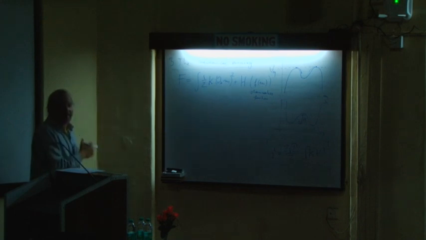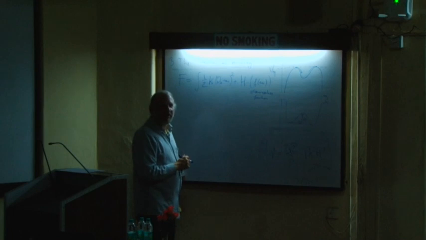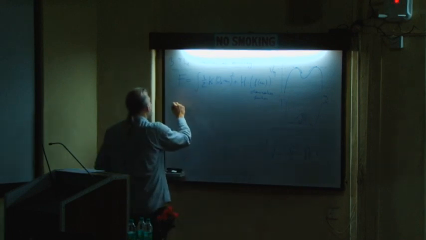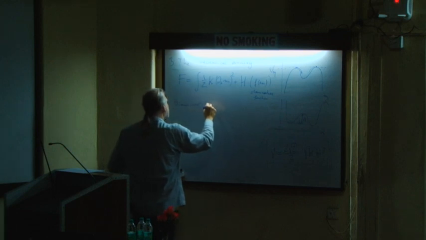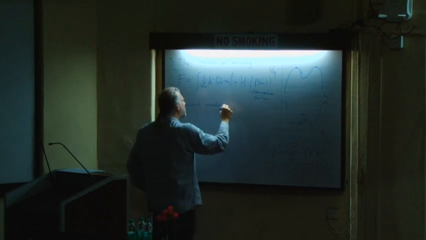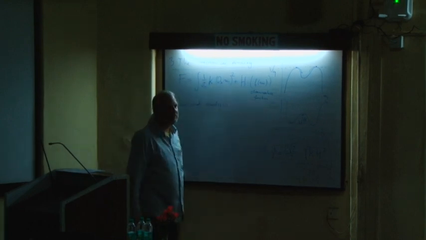Now there is a very physicist way of going about these things, which is called a dimensional analysis. You see here you have a functional, and in this functional you have just two constants, the constants k and h.